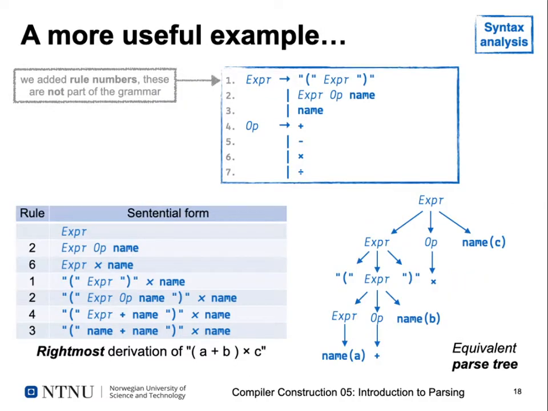Let's look at a more useful example here. Again, we want to parse expressions. So we need to describe sorts of expressions. And we have seen the problem before that expressions need some way of representing operator precedence. So what we want now is to include brackets as well as names and operators.